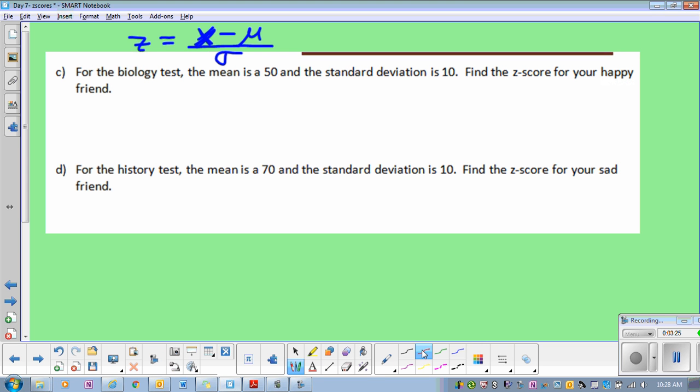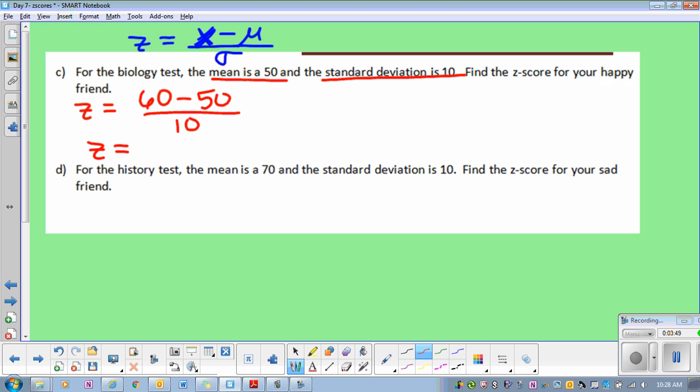So for the bio test, what did they score in the bio test? Not the average. What did they score? The 60. So 60 minus the average, which is 50, divided by the standard deviation, 10.